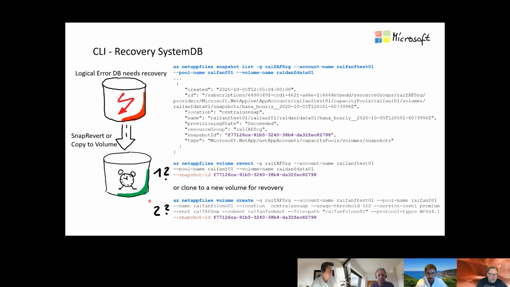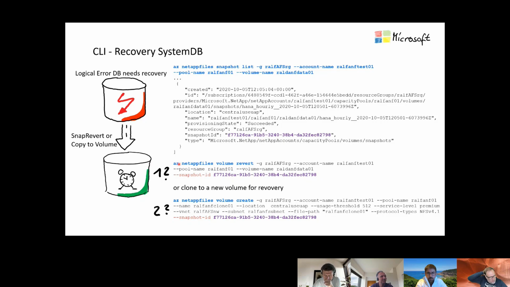And I would usually always try to do option 2, because then you do not delete all the younger snapshots, as we spoke about before. Another big advantage if you do recovery method number 2 is that you also do not destroy the actual volume where you have the issue.